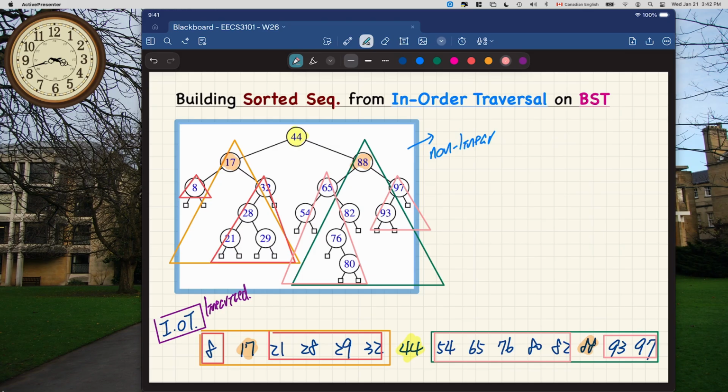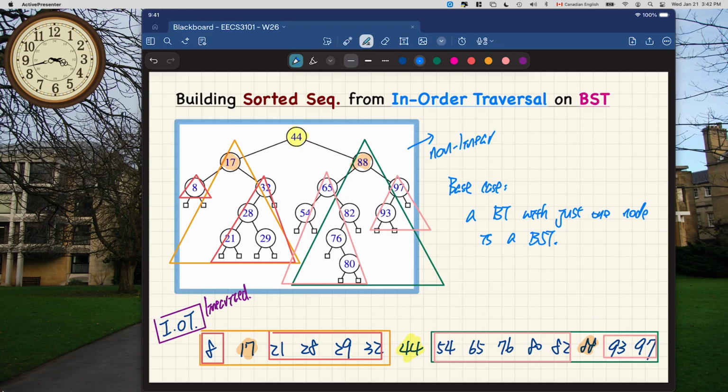Base cases will be a subtree with just the root itself. So a binary search tree with only one node. Base case: a binary tree with just one node is automatically a binary search tree because the node itself, the key, is just sorted.